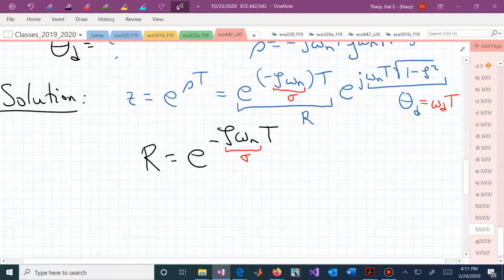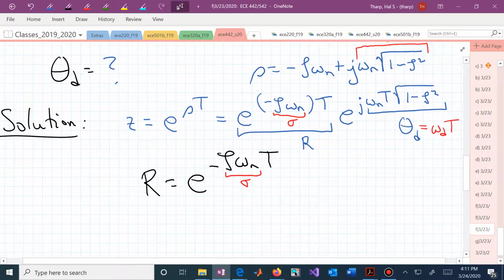In fact, the angle theta sub d also contains an omega sub n t. So if we can solve this r expression for omega sub n t, we can substitute it into our angle expression theta sub d, and theta sub d will be a function of r and zeta and not a function of omega sub n.